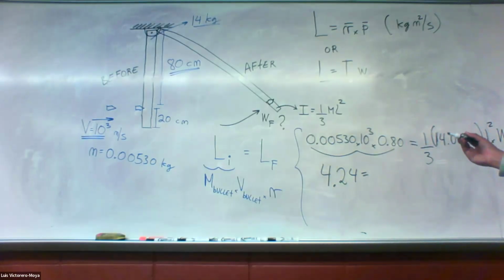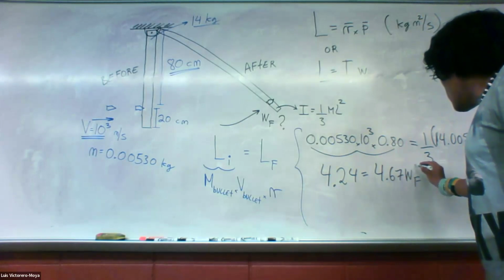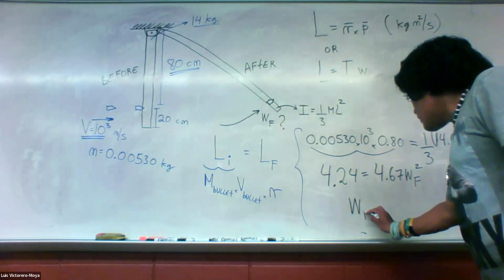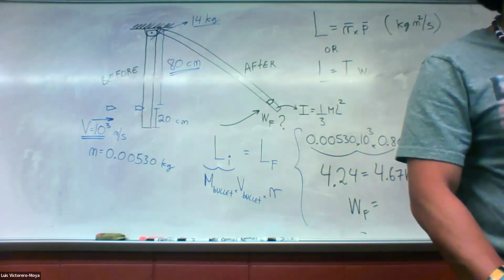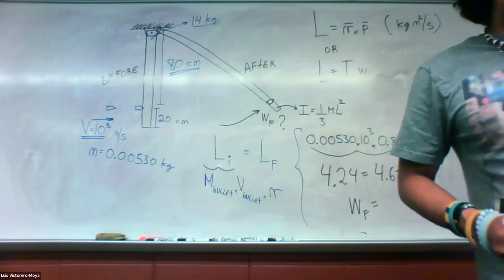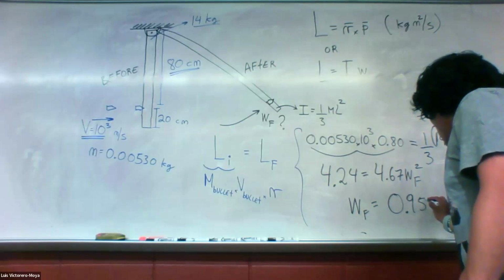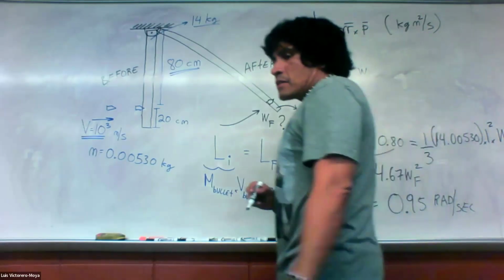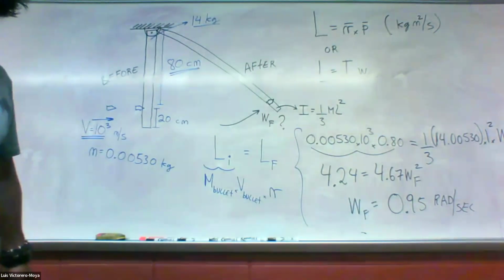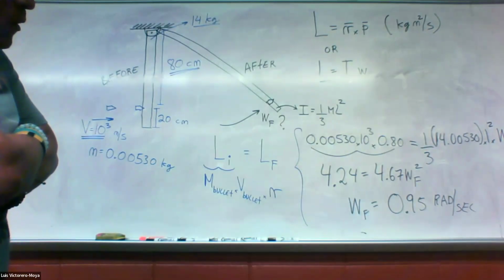That's 4.67. W final squared. So W final is that divided by that, square root. About 0.95 radians per second. So that's how you find your final W. Okay? That's how you use conservation of angular momentum.